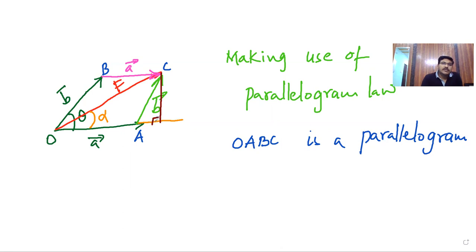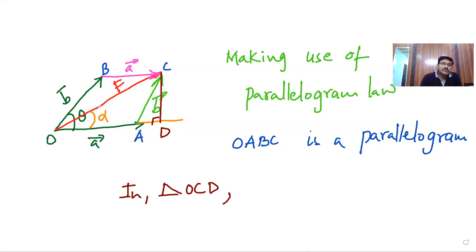This is the perpendicular, a right angle here. Now, if I give this the letter D, then OCD is a right angle triangle. In OCD, right angle triangle.